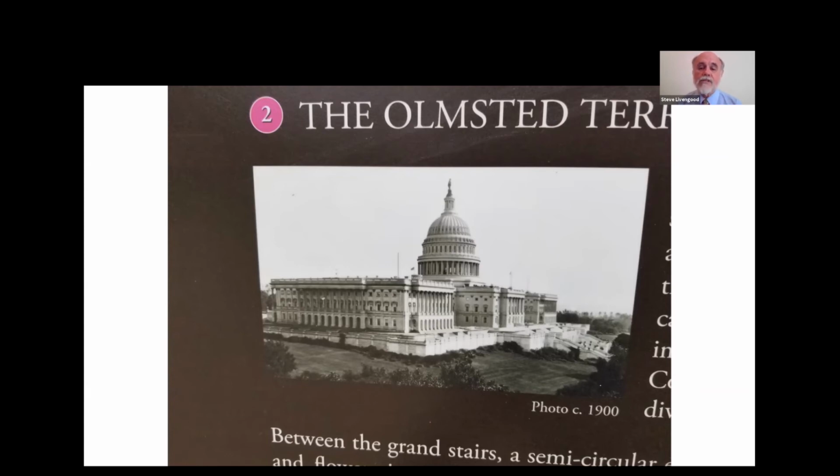What we have here is the photograph of the terraces that Olmsted built. This is the last part of his plan. You can see the Capitol building itself, and the grounds came all the way up to the building. The dome, particularly from the west side, seemed oversized, and Olmsted thought that it looked like it was going to slide down the hill, that it was awkward, and that the building needed more base to appear more solid.